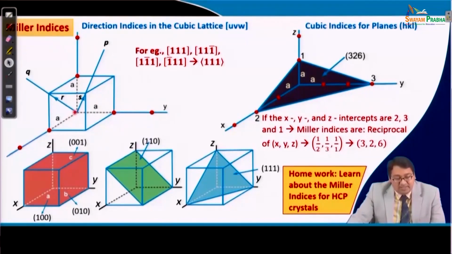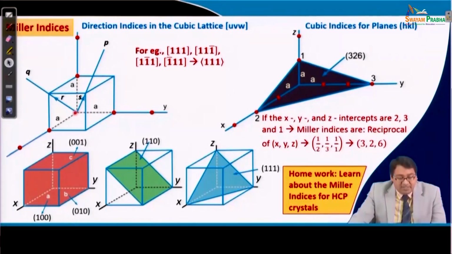So, a is the unit direction, and therefore, if we look at this atom at the corner of that unit cell, and if we say that from this origin the vector is coming out towards this atom, then this unit is basically a.